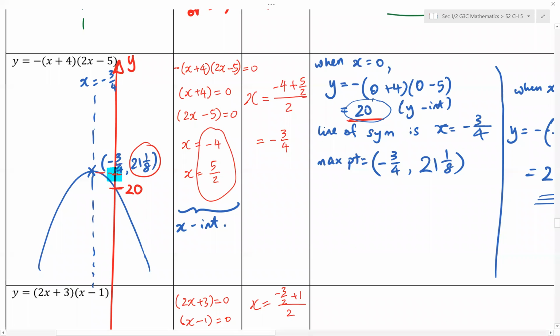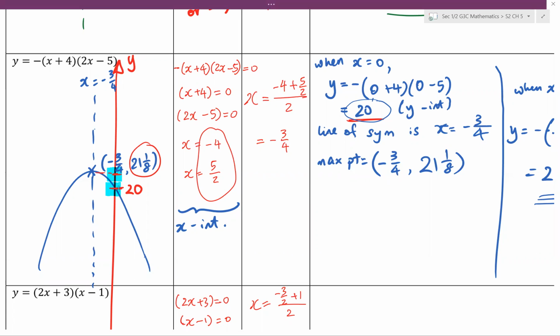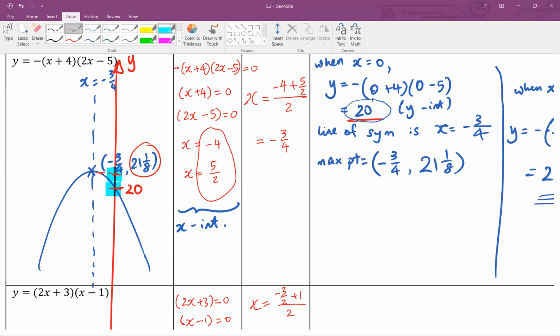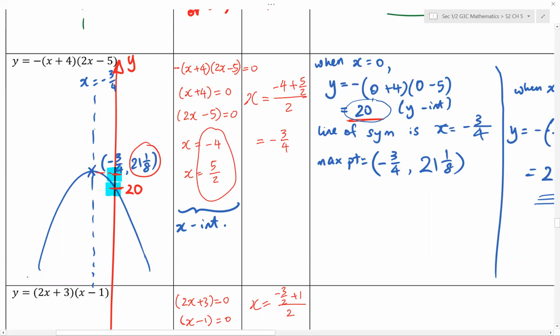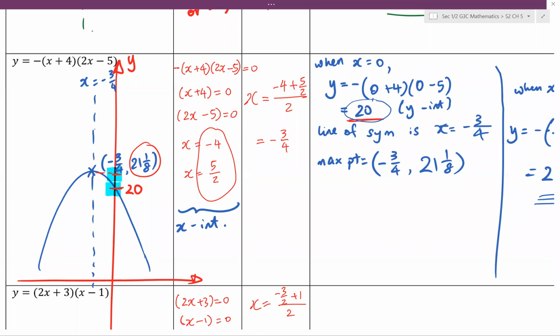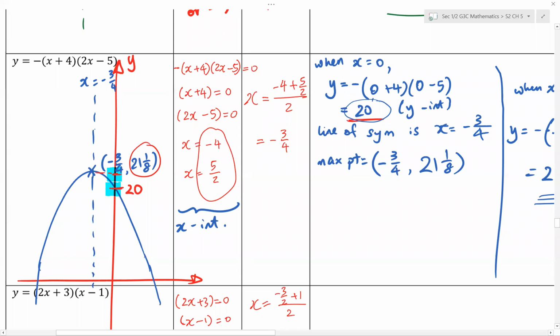If this is 21 and 1/8, if this is 20, going by the correct scale, my x-axis should be all the way down, quite low. In fact, it should be lower than this, but we are doing a sketch, so it's not too bad. Let's see what happens for our graph. It's a parabola opening downwards all the way.